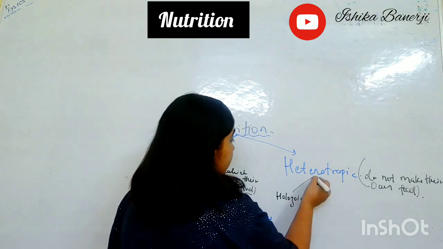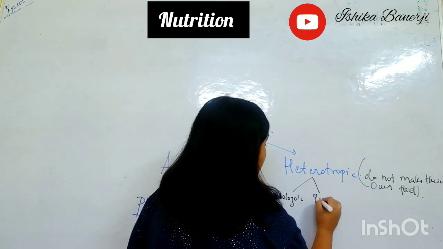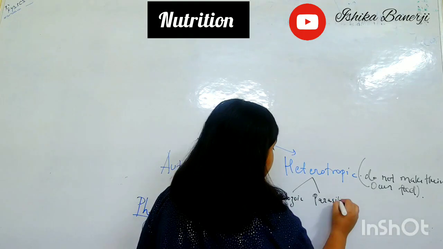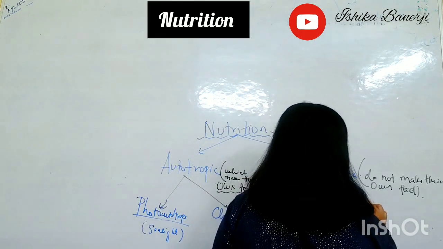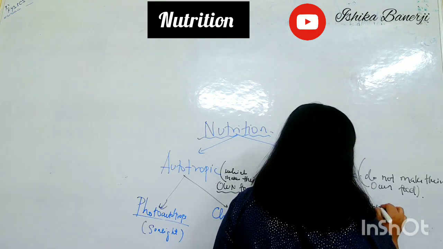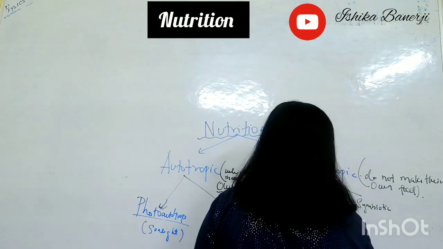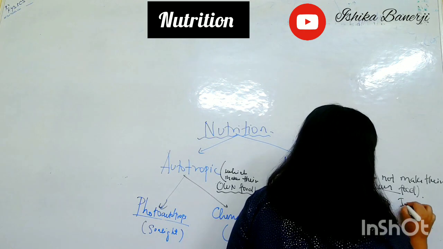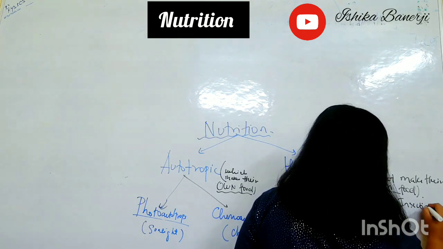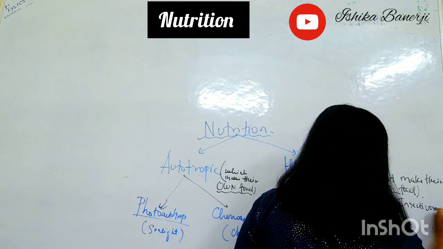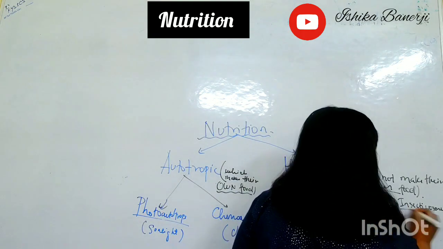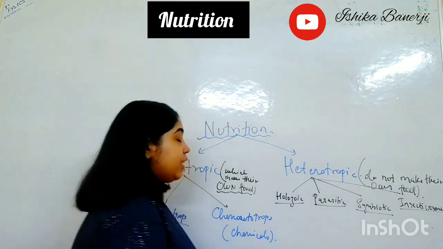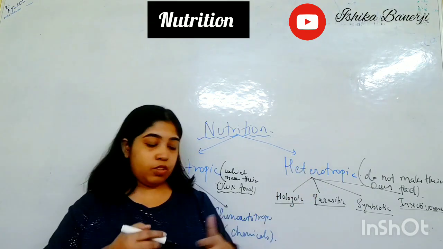Second, parasitic. Third, symbiotic. And fourth one is insectivorous. Now, what is holozoic? What is parasitic? What is symbiotic? Or what is insectivorous?